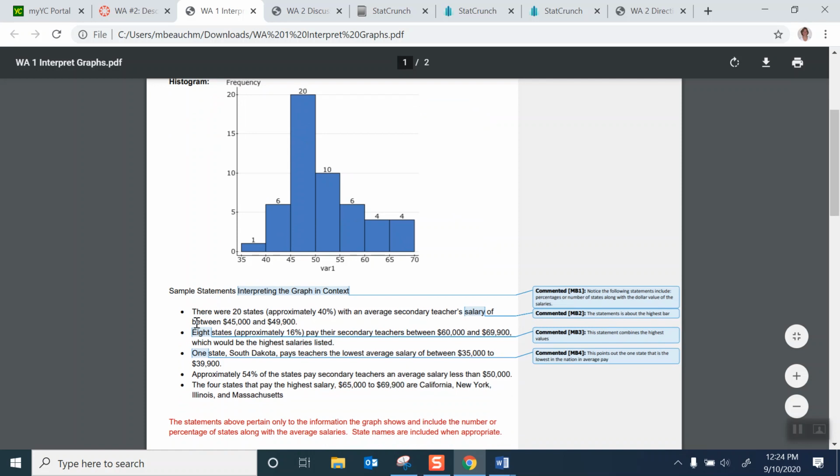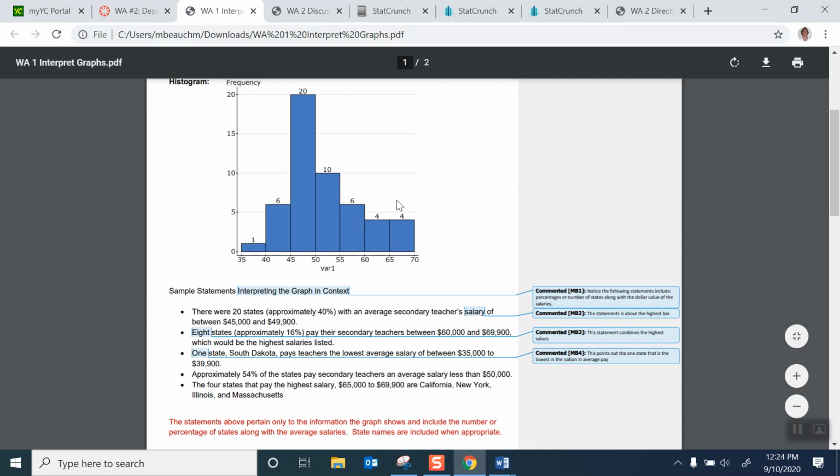Okay, so you could have, there were 20 states, or approximately 40%, with an average secondary teacher salary of between $45,000 and $49,900. So this is what I mean by identifying specific number or percentage and then the actual values. You could have 8 states, approximately 16%, pay their secondary teachers between $60,000 and $69,900. So you can talk about each of the heights of the bars.